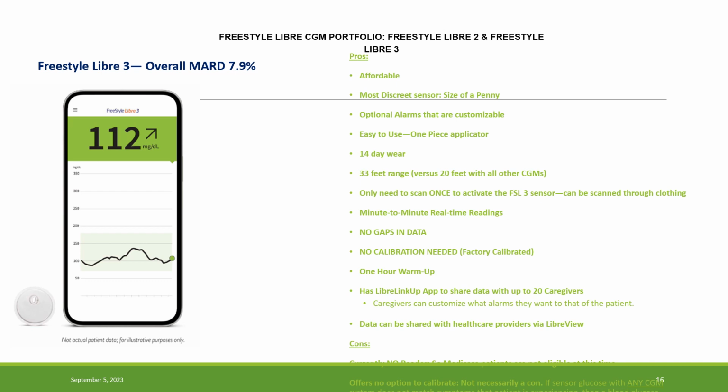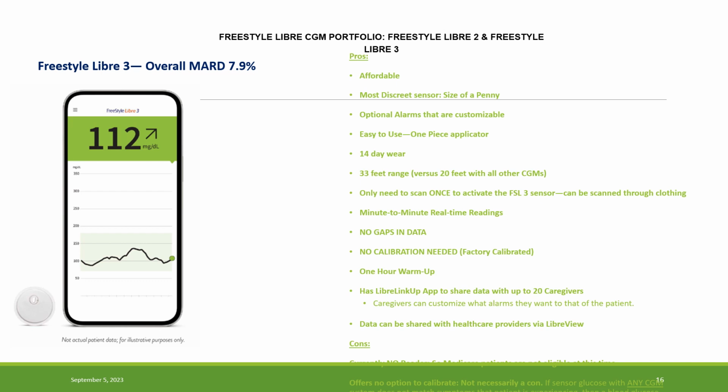With the Libre 3, the main thing is that we're not scanning the sensors. There's an automatic transmission from the sensor to the reader and or phone. There are lots of reports available to patients. They get a number, and there are graphs.